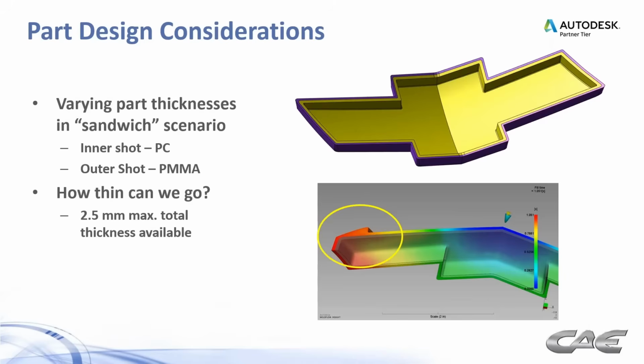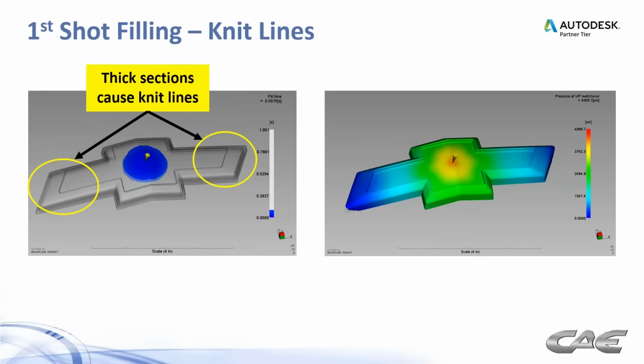Can we use less material? This is one of the questions that we can answer, and often it's a trade-off. Maybe we thicken one, thin the other, and so forth. I've done many simulations like that. But for this one, we have 2.5 millimeters available to us, and we want to see how this plays out if we try to thin things out.